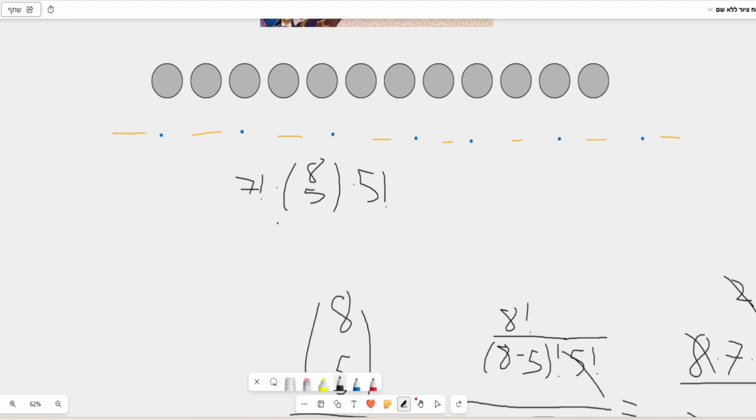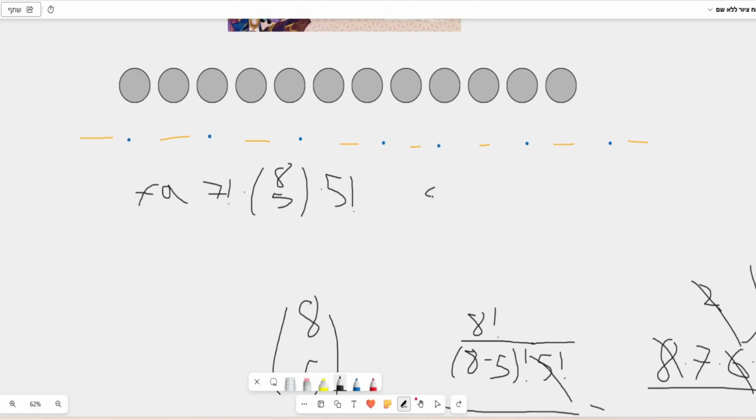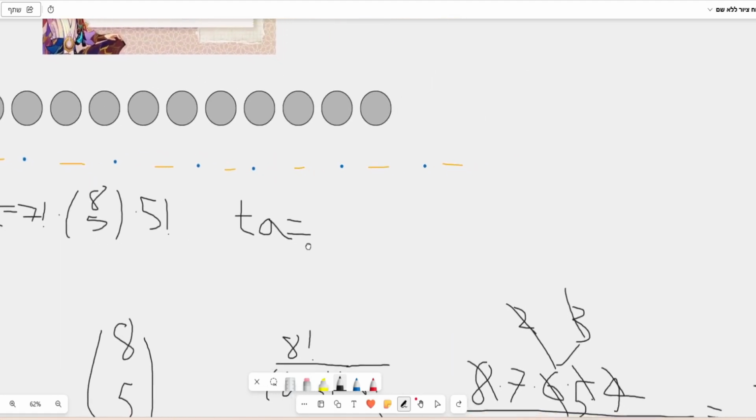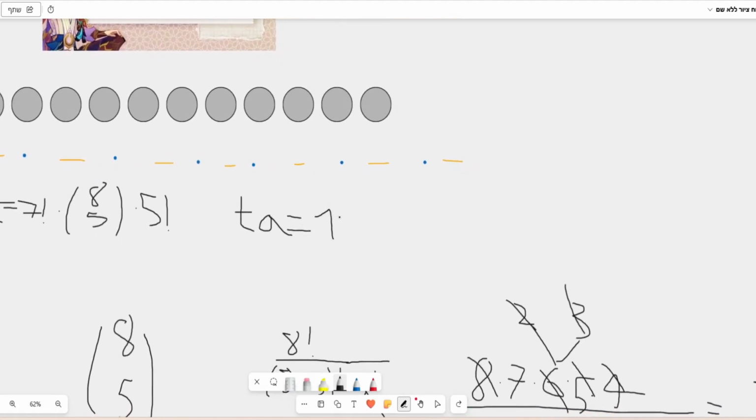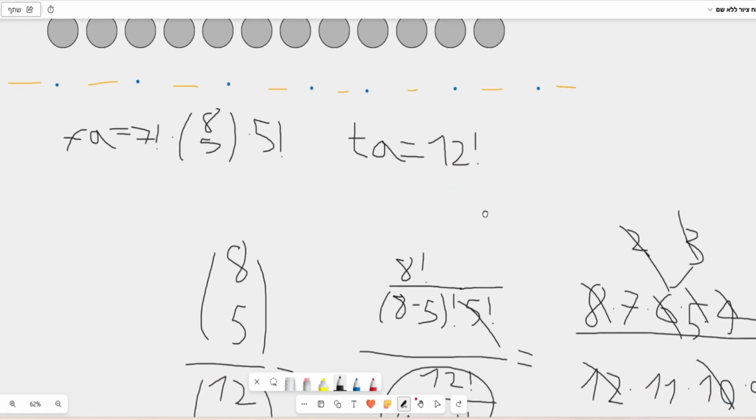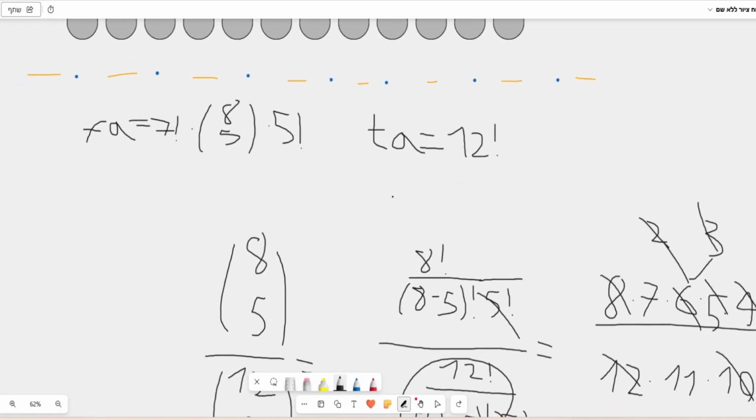order. And the total number of ways, this is, let's say favorable arrangements, FA, and the number of total arrangements, TA, will be just 12 factorial. We can do it this way too, and we'll get the same thing, right?